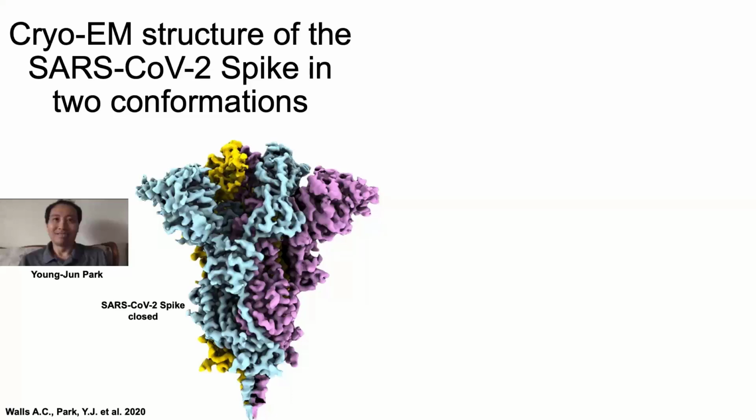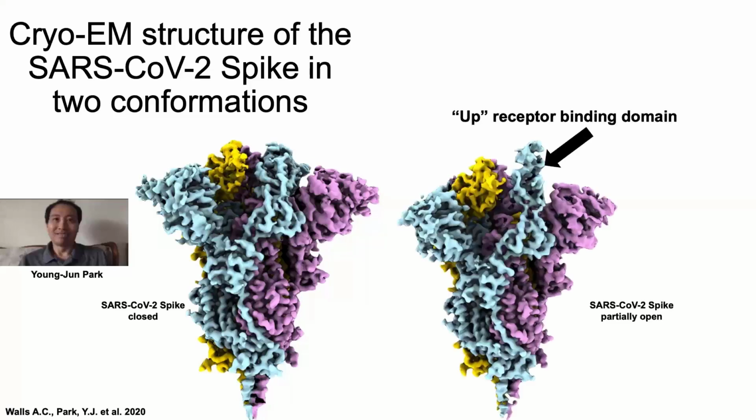What we found from this data set was that we had a large number of the spikes in a closed conformation, so all of the receptor binding domains are in a down conformation. In the exact same data set, we were able to pull out some up receptor binding domains, which I'm highlighting here with an arrow. You can see that this blue domain, this receptor binding domain, is slightly ajar compared to the version on the left.